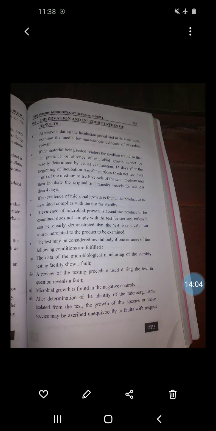If the material being tested renders the medium turbid, so that the presence or absence of microbial growth cannot be readily determined by visual examination, then 14 days after the beginning of incubation, transfer a portion, each not less than 1 ml of the medium, to a fresh vessel of the same medium and then incubate the original and the transfer vessel for not less than 4 days.